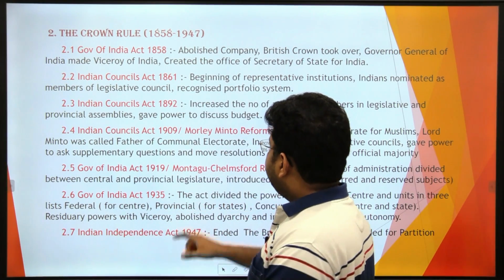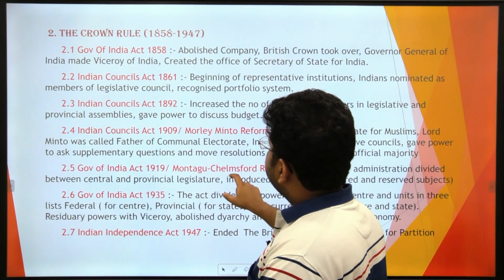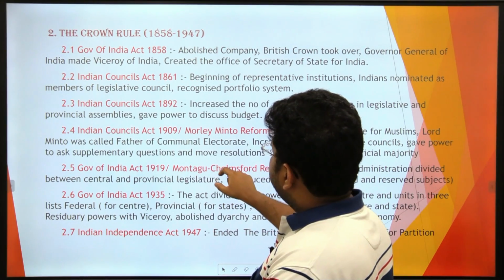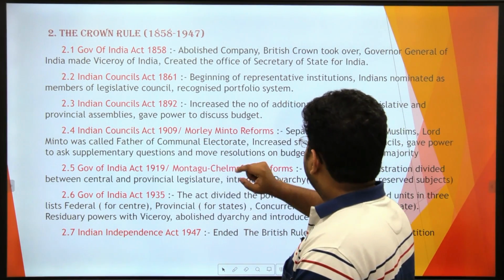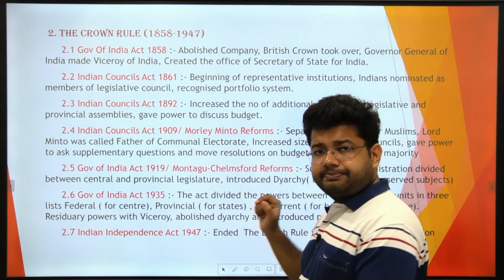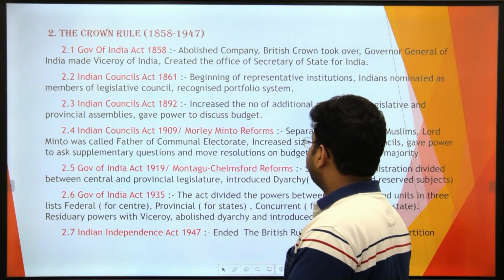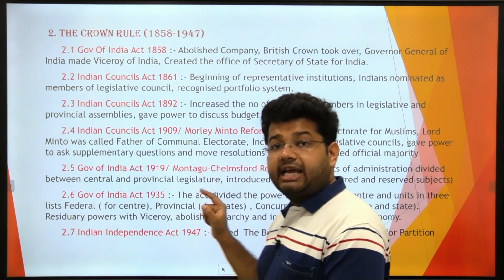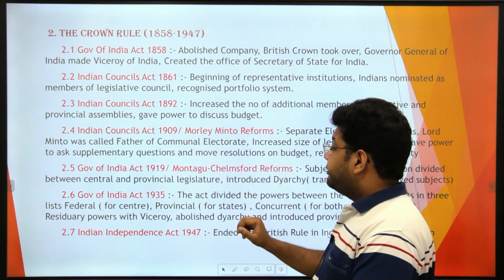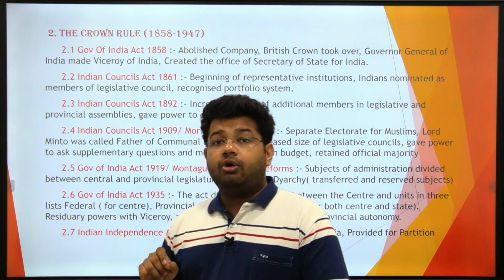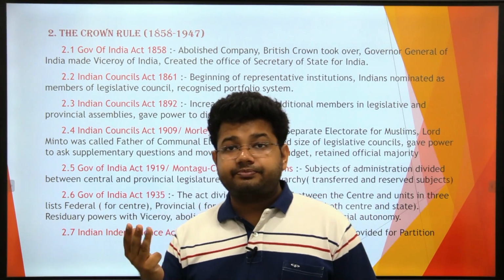However, in these 2 slides, the very important things that we need to remember are, with respect to the Indian Councils Act 1909, that of separate electorates; the Government of India Act 1919, Montague-Chelmsford reforms, with respect to the system of diarchy; and the Government of India Act 1935, with respect to division of subjects between center and states into 3 lists.